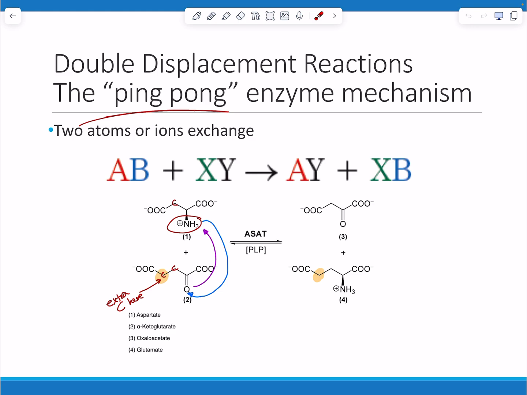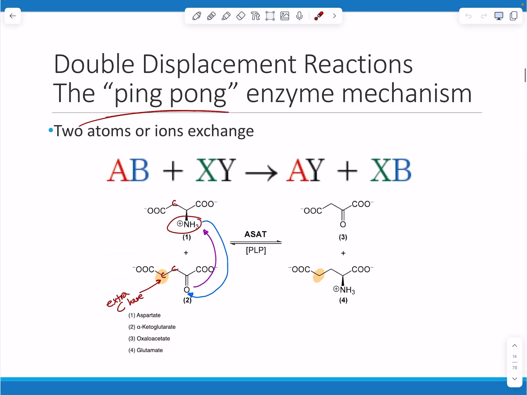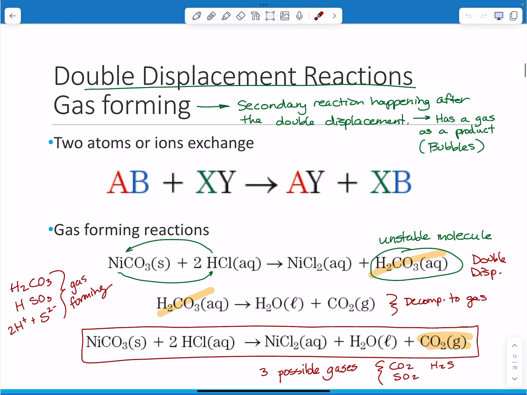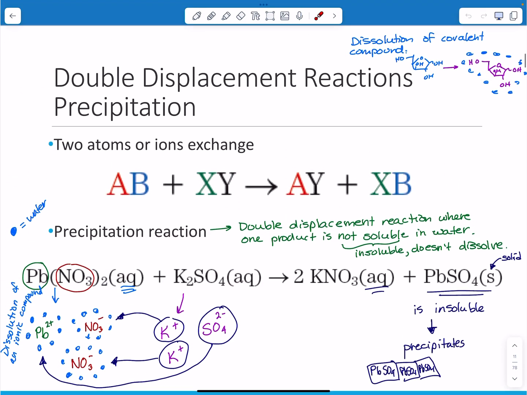But what we're going to do is start with recapping what we talked about last time, which was different types of chemical reactions. The last type that we talked about was double displacement reactions, where we have different classes of those.